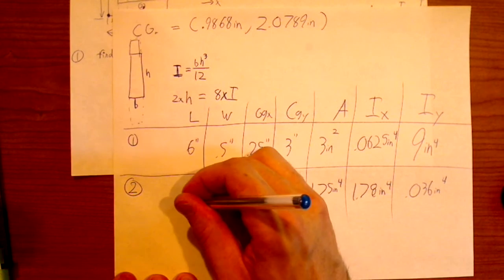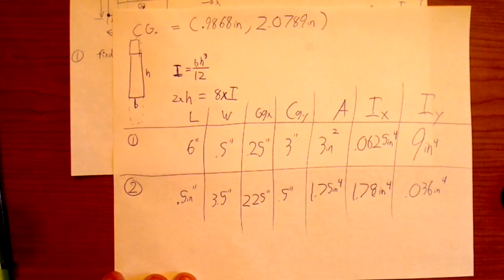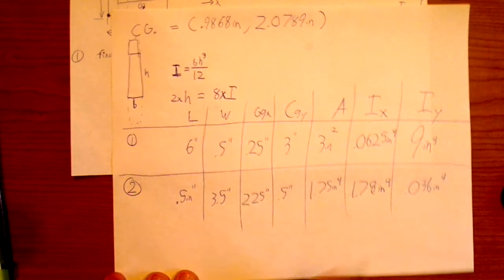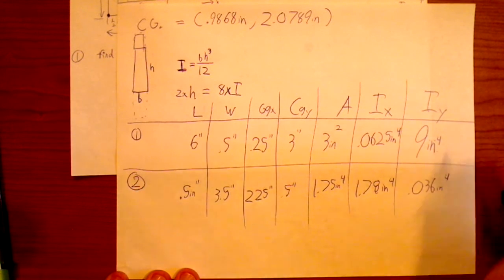Let's see, the last one was 0.5. So these are all of our properties. Now we can find out the actual moment of inertia. Let's use the y direction.